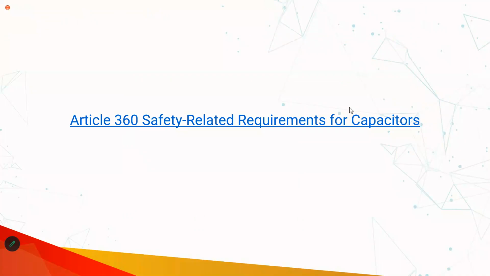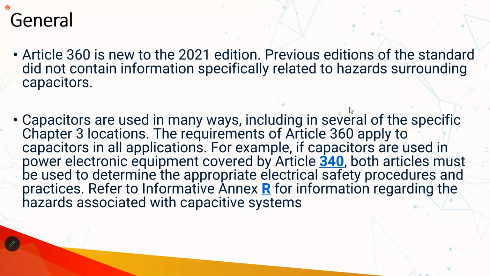Article 360 is about capacitors and capacitor banks. Normally we have capacitors installed in our electrical network, and these capacitors have a function to perform. When we are trying to establish an electrically safe work condition, these capacitors remain charged for a period of time.